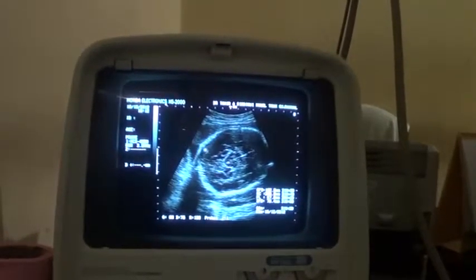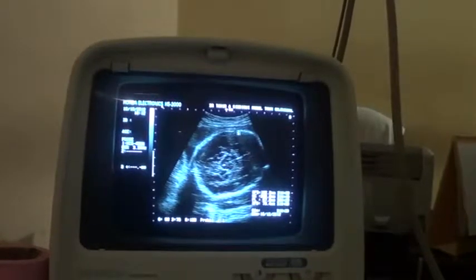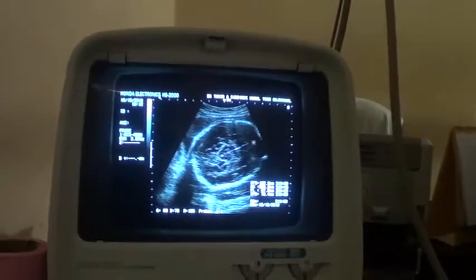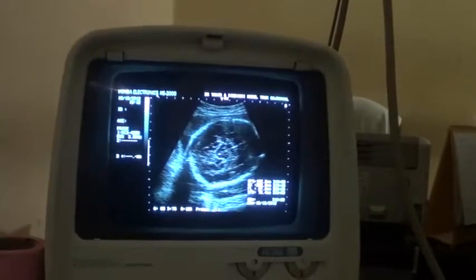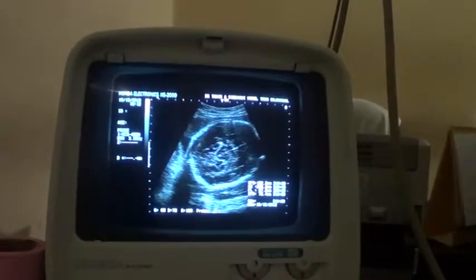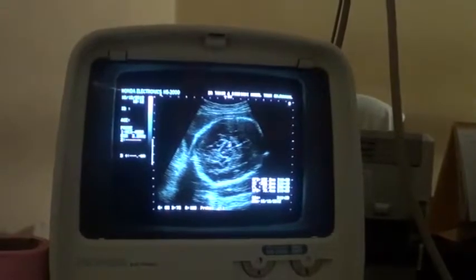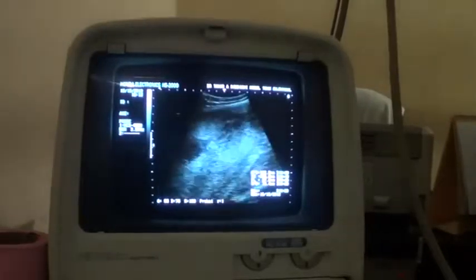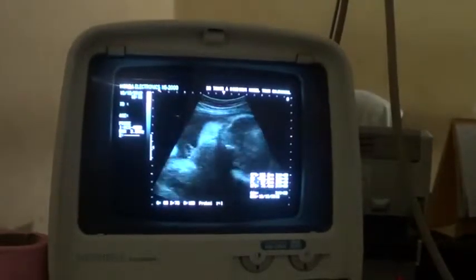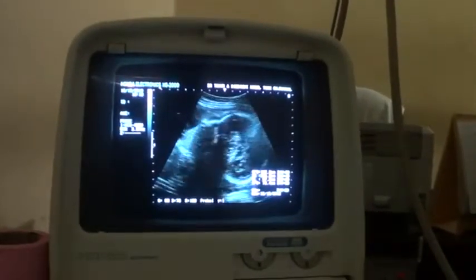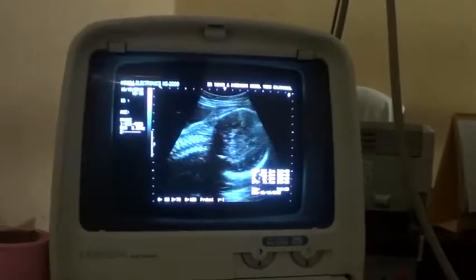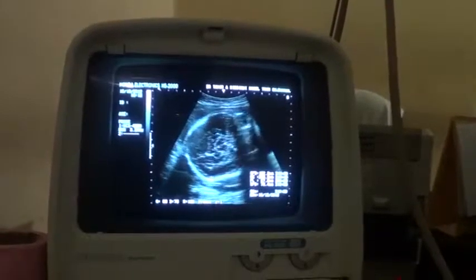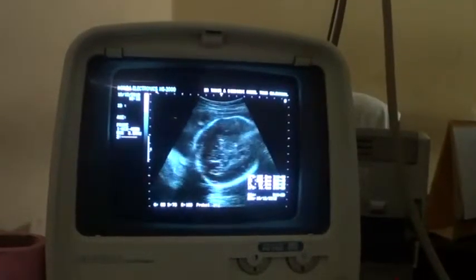Now this is the cranium, the skull bone, normal, and this is the falx cerebri, this line. These are the cavum septum pellucidum. These are the thalami, and there is no dilation of the ventricles. All the internal organs of the brain are seen normal.